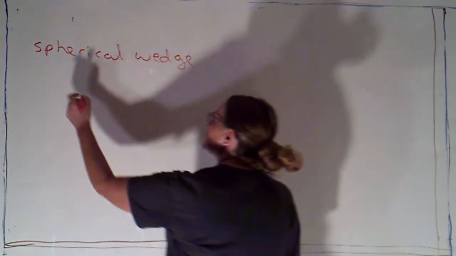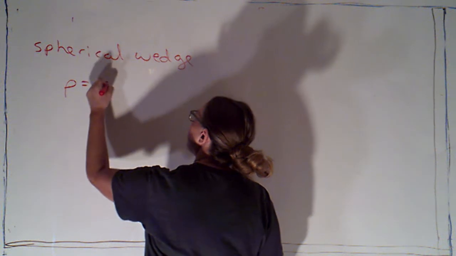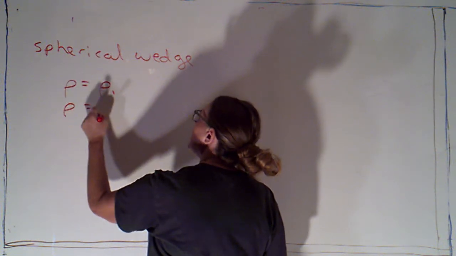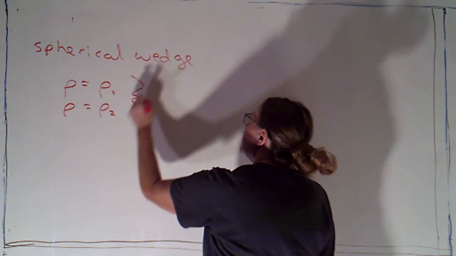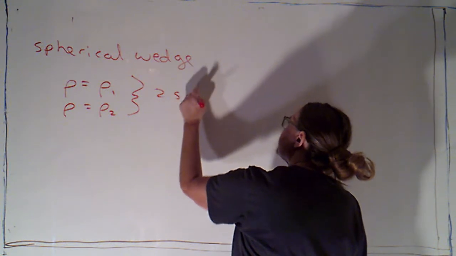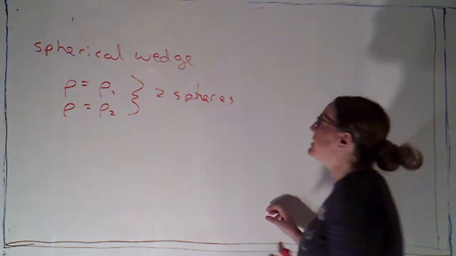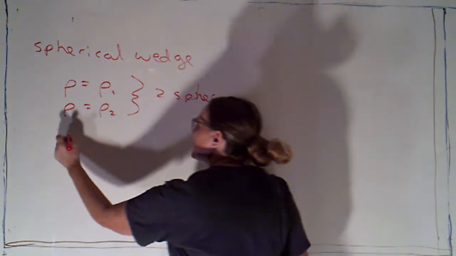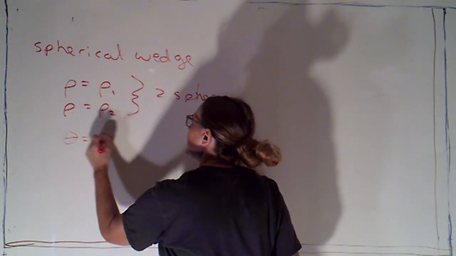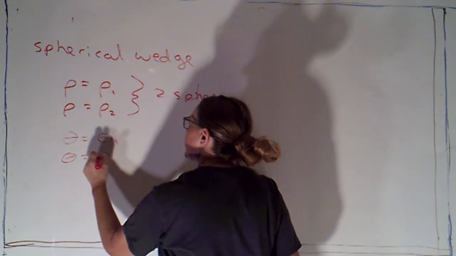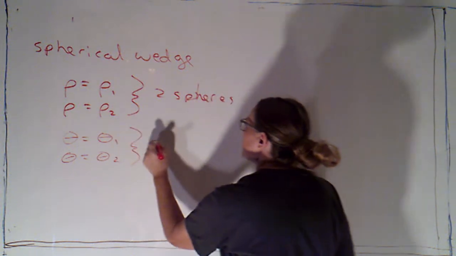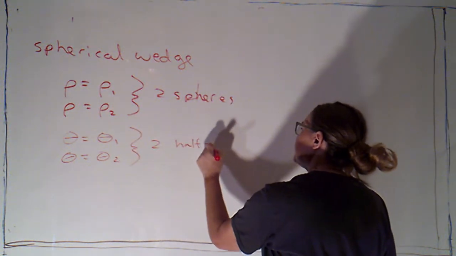Here I'm going to have six constant surfaces, so we'll have rho equals rho 1 and rho equals rho 2. So we're going to have two spheres. So we're looking at the region in between two spheres. And then we'll have theta equals theta 1 and theta equals theta 2. And so we'll have two half planes.